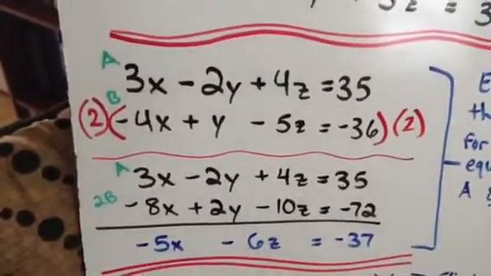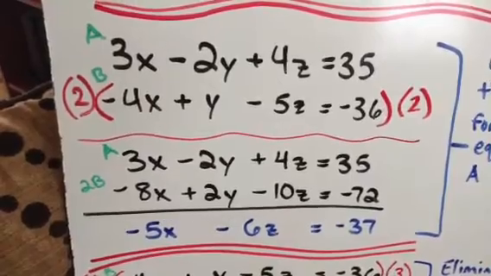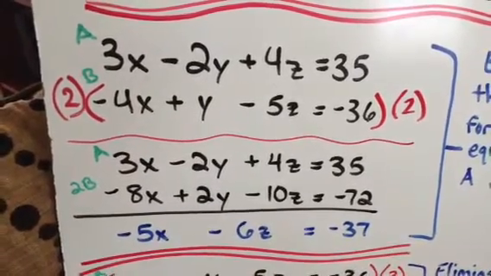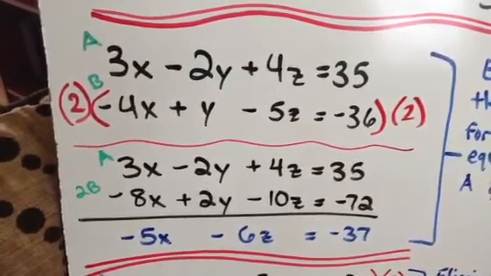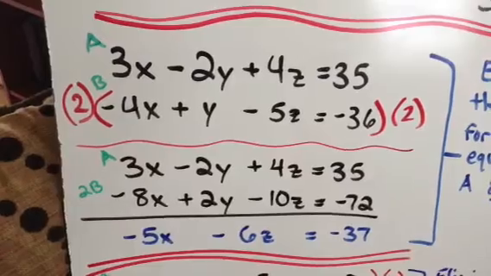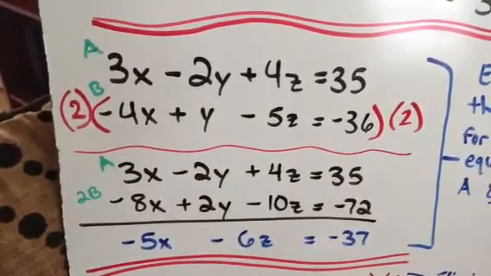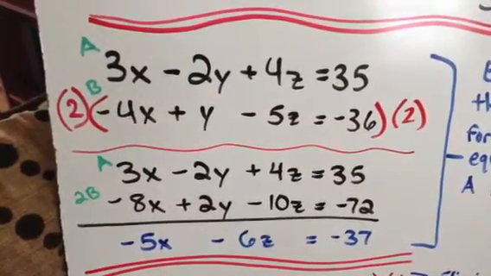So down below here, I have written the new form. I have AB on the top, and then I change it to just A, 3x minus 2y, because that one didn't change anything. But the second one is now 2 times B. Notice that change. So negative 8x, a positive 2y, a negative 10z, and negative 36 times 2 is negative 72.